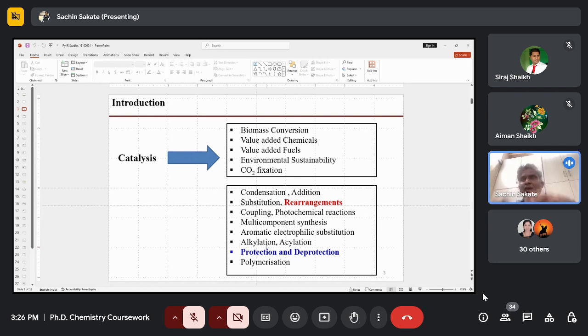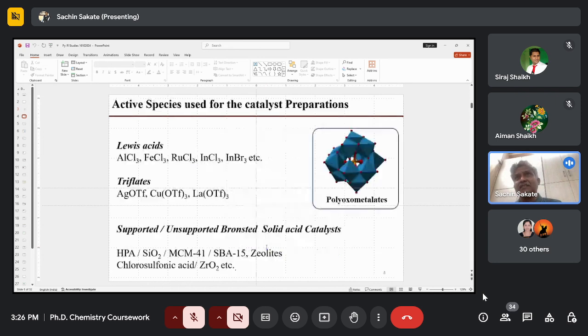What we are doing is synthesizing the material, characterizing it, and applying it in various organic transformations, or in biomass conversion, or in value-added chemicals preparation, or value-added fuels, or CO2 fixation. These are the main terms used in the catalysis field. So now the catalyst actually contains two main parts.